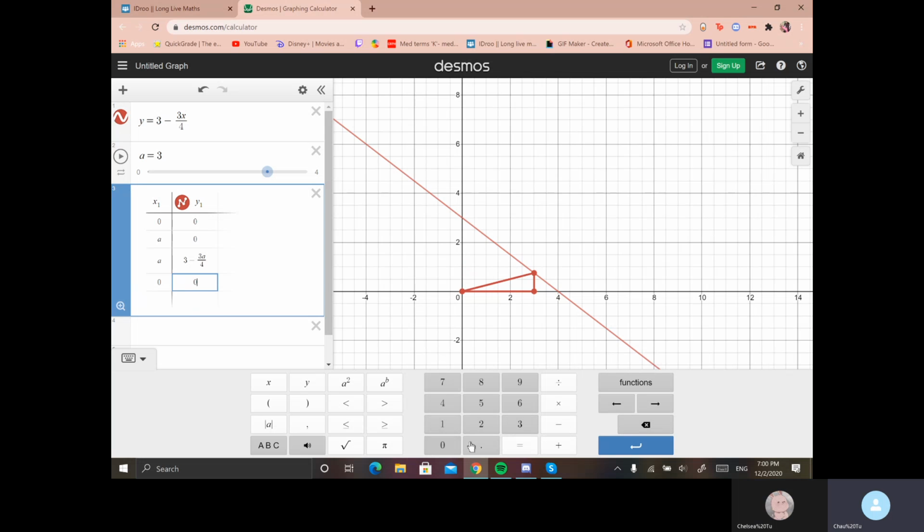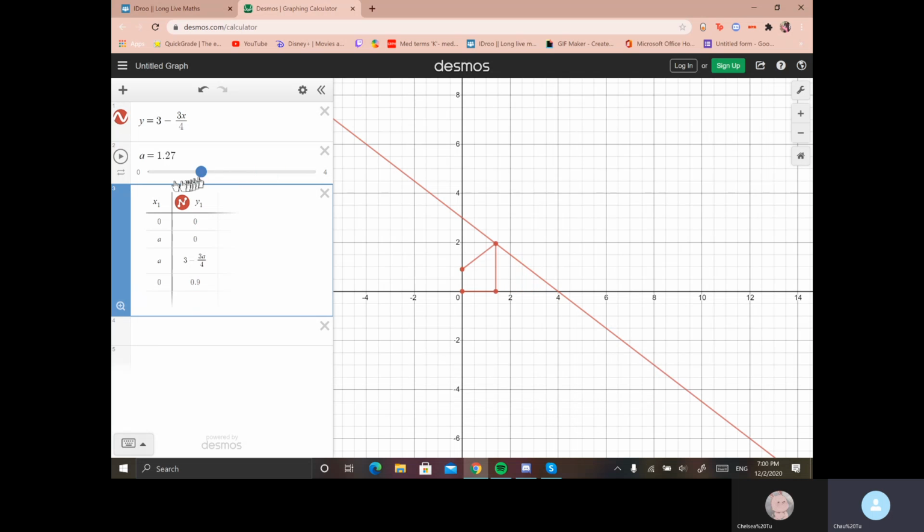But Chelsea, no, what's the height, Chelsea, in terms of A? Because as you slide A back and forth, leave it as it is. Slide A back and forth. You see the right-hand side. Oh, you just need to make it straight first. Well, I don't know. How would you go about drawing... Hold on.